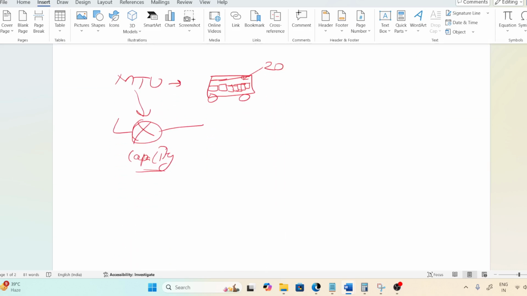It means that at a time, a packet which has a maximum of 600 byte can be sent from this router. So let's suppose you have a movie, let's suppose of 2 GB.